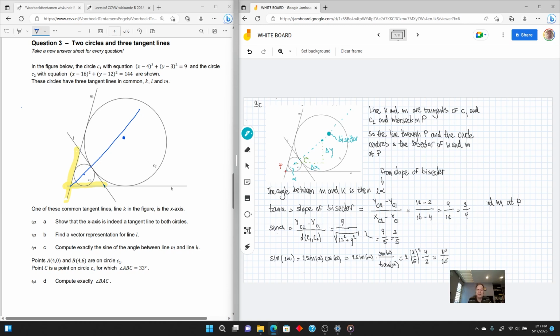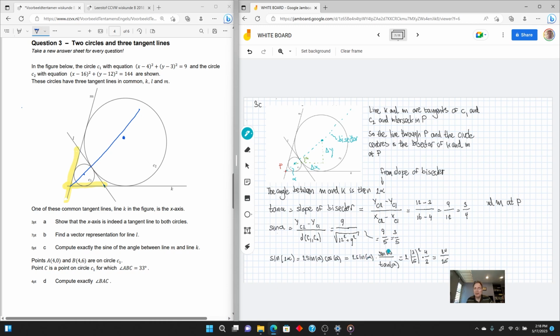So we need to express the sine of 2 alpha in terms of the sine, cosine, or tangent of alpha. One formula, also given just below, is that sine 2 alpha is 2 sine alpha cosine alpha.